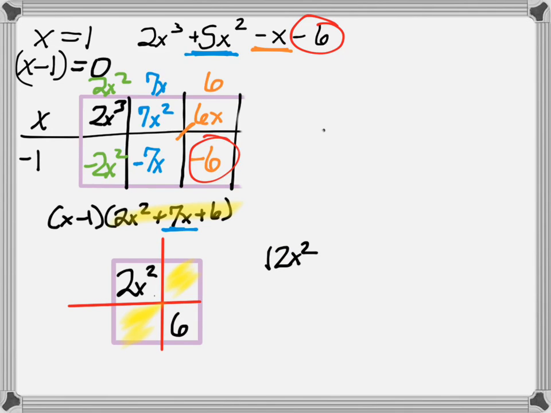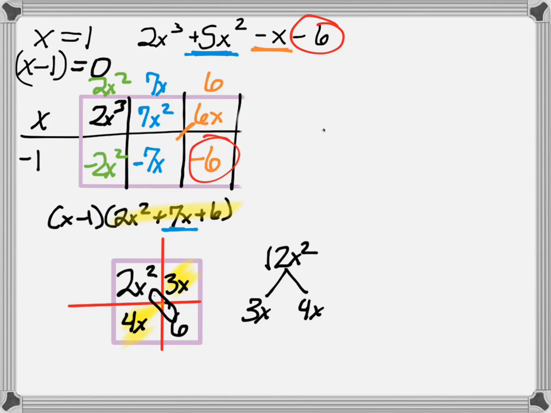By multiplying these 2 spots, that tells us what they're going to multiply to be. 3 and 4. 3x and 4x. They both match in sign to give us a positive 12. And the sign, is it going to be positive or negative? Positive. It does not matter which spot you put them in.